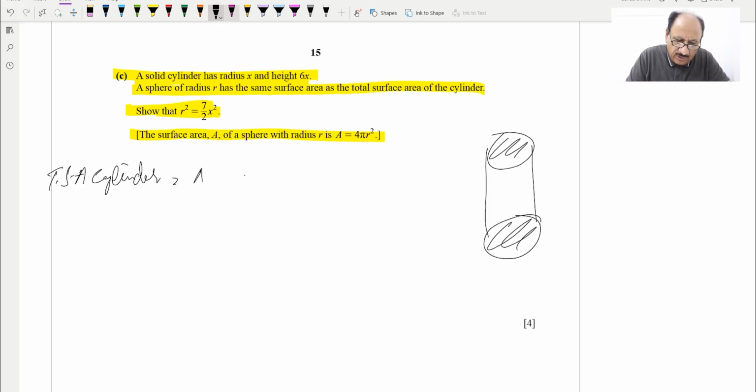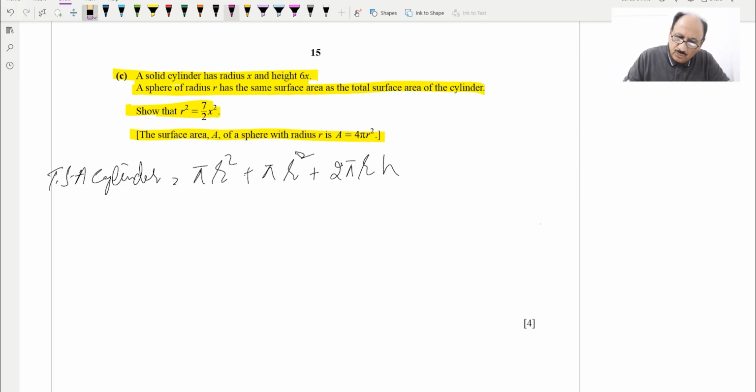So we'll take pi r square plus pi r square plus the curved surface area, which will be 2 pi r into h. Hopefully you understand this. If you are not understanding, then follow the formula for a cylinder. So this is the total surface area of the cylinder, and the sphere will be 4 pi r square, which is provided.